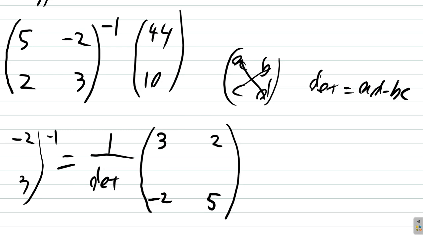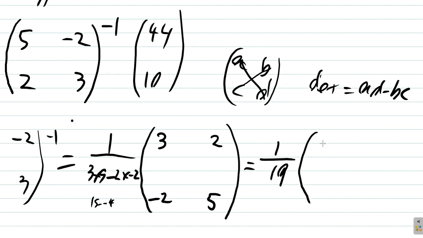So, the determinant is 3 times 5 minus 2 times -2, which is 15 minus -4. 15 and 4, 19. So it's 1 over 19 times 3, 2, -2, 5.